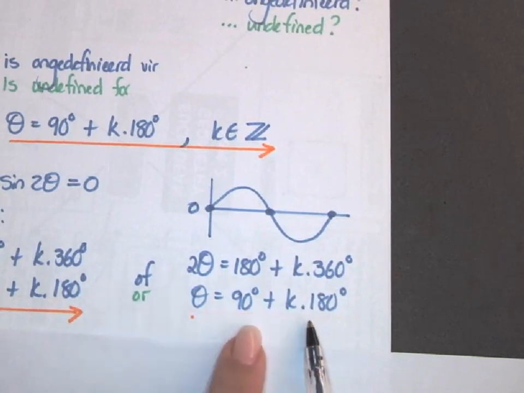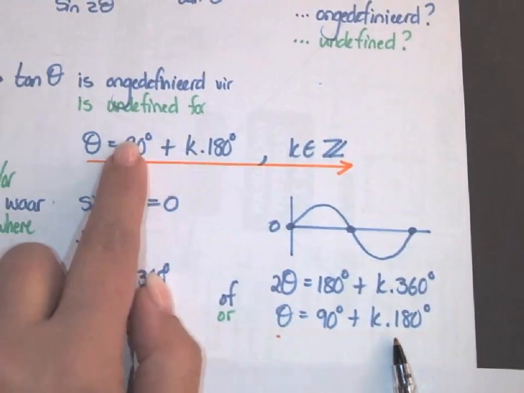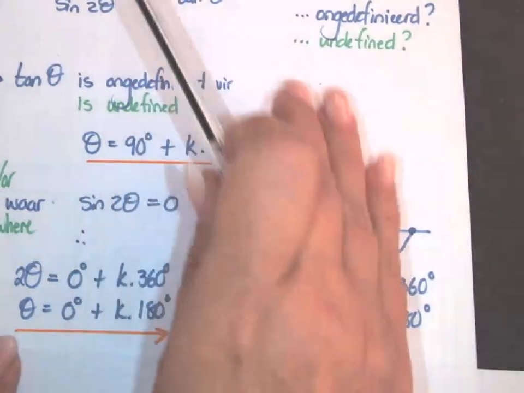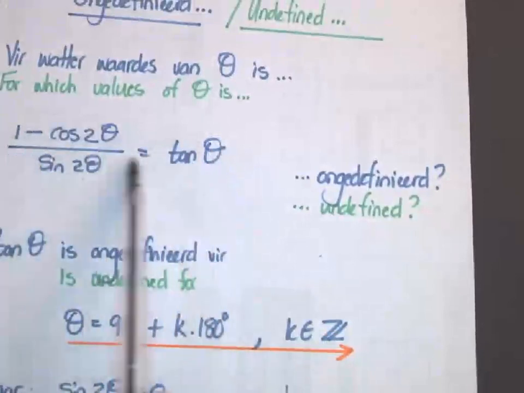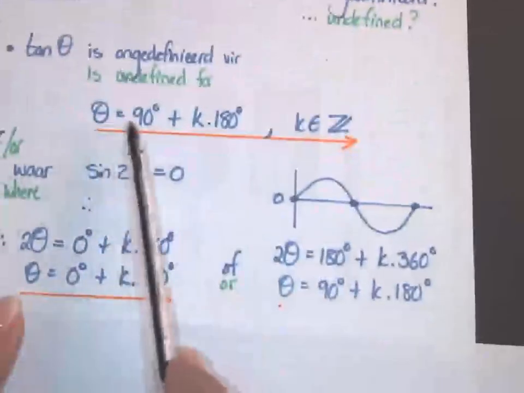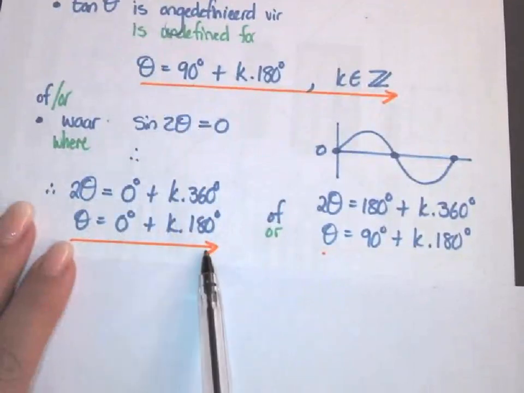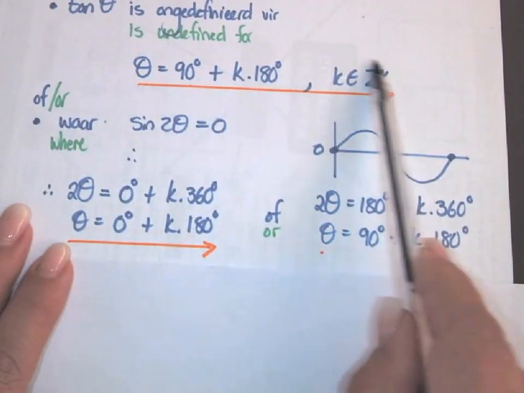And this one is the same as the tan one. Therefore, you have to conclude that this sum will be undefined if theta is 90 degrees or 0 degrees plus k times 180. And don't forget your k.